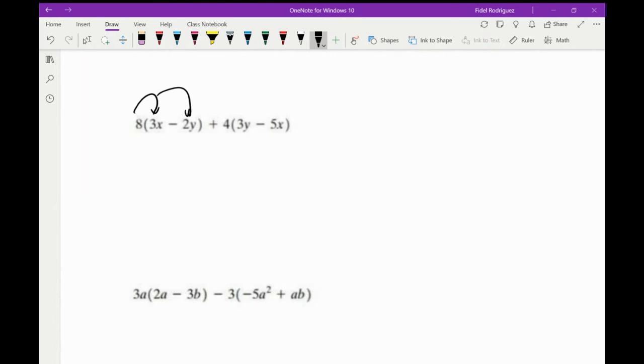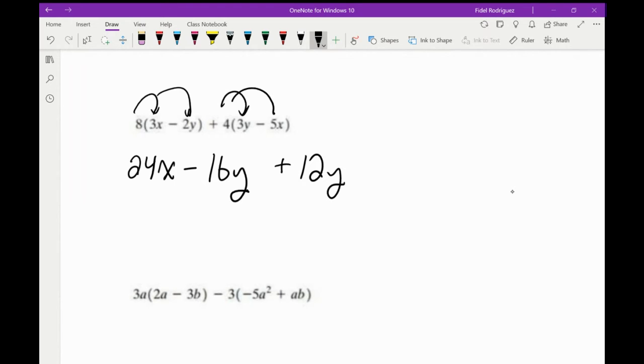So I'm going to multiply that first. Remember, I'm multiplying just the numbers. So I know that 8 times 3 is a 24 with an x. 8 times 2 is a 16 with a y. And then 4 times 3 is a 12 with a y. And 4 times 5 is a 20 with an x.